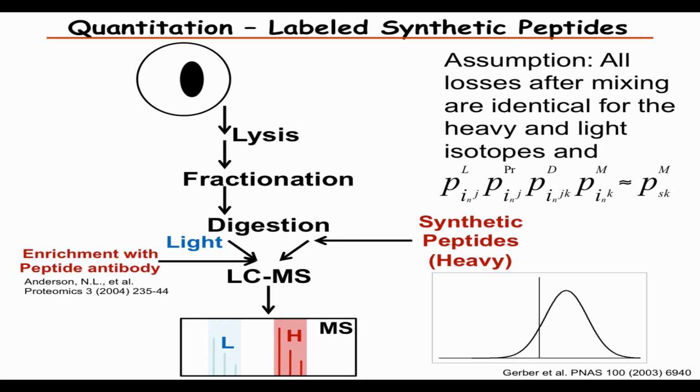And people used to refer to this as absolute quantitation, because you can measure how much synthetic peptide you made quite accurately. But the problem is that the mixing and the digestion really don't work very well for absolute quantitation. But it works pretty well as an internal standard.